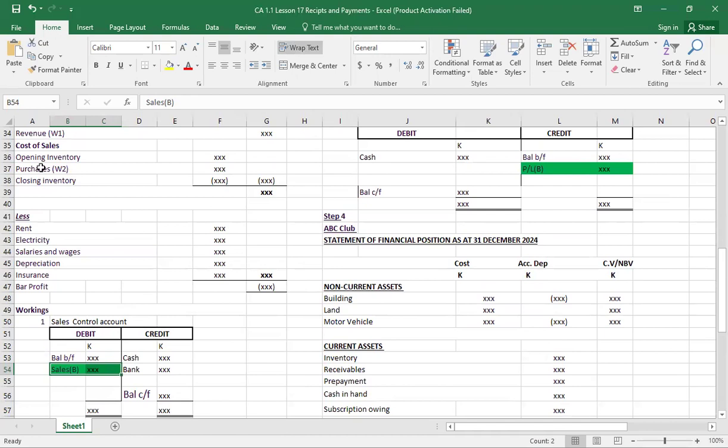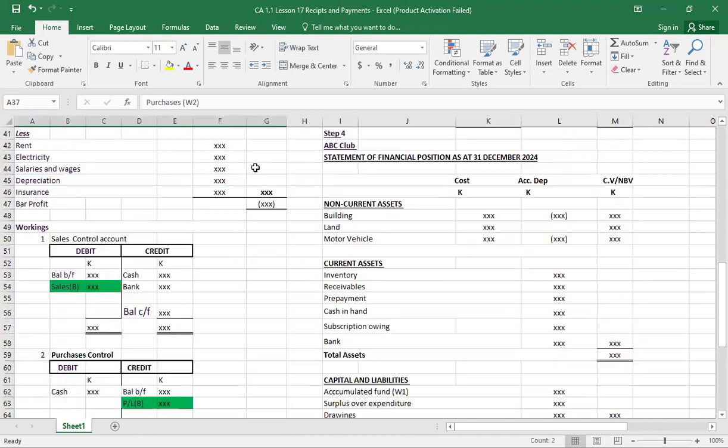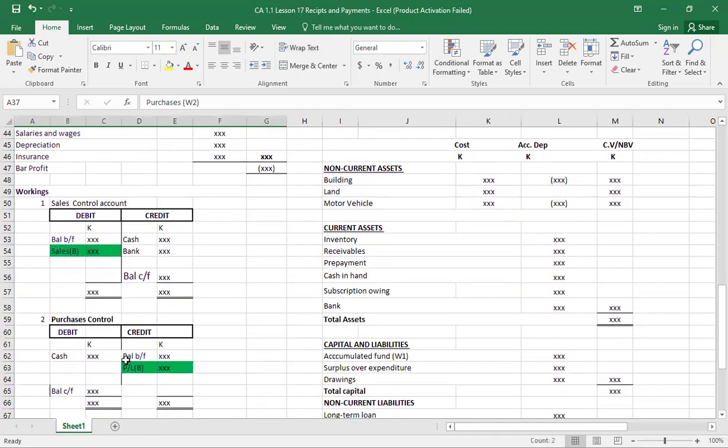For the purchases, it's also the same. You remember the control account, you've got the balance brought forward and the balance carried forward for the payables, and what we're looking for is this. And then if there's cash here, maybe bank. But what we're looking for are these purchases.